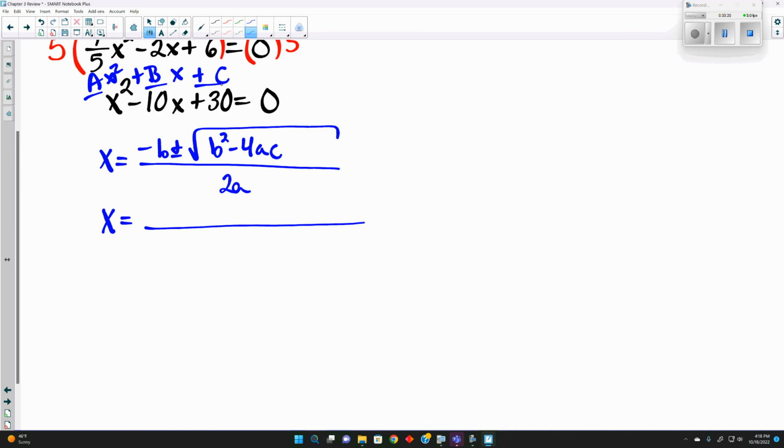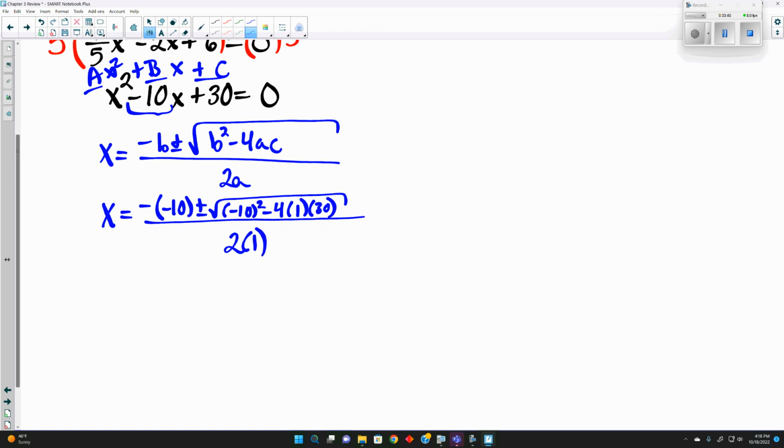It's just going to be the number in front of it. So we would have negative, well, our value of b is -10 plus or minus the square root of -10 squared minus 4 times a, which is 1, times c, which is 30, all over 2 times a.